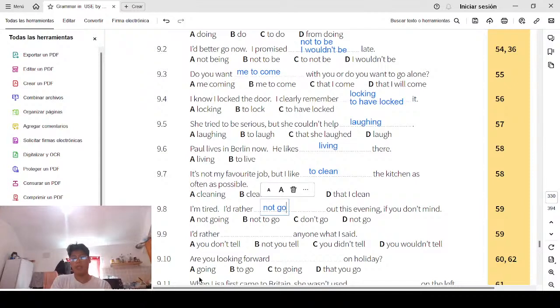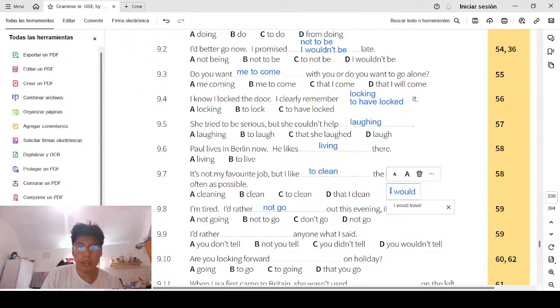Let's analyze this first. I'd rather means I would rather. If you take off rather, you have would. If you have would, it always goes with the verb in infinitive. That's why you can't use going or don't go, just not go.